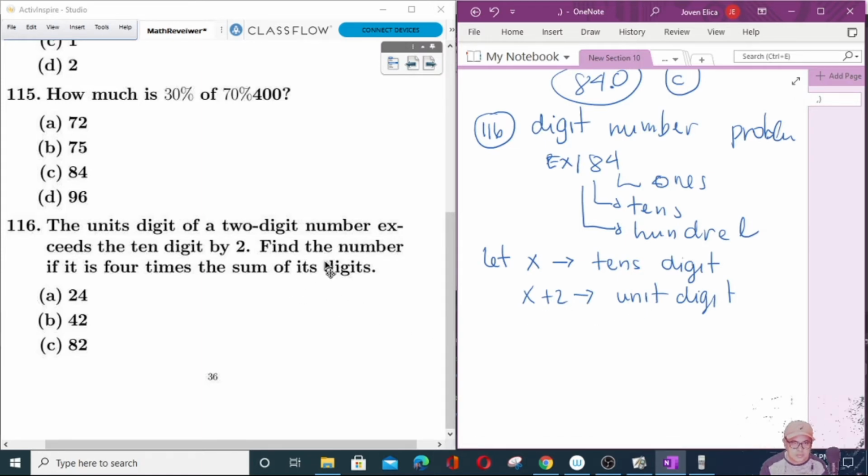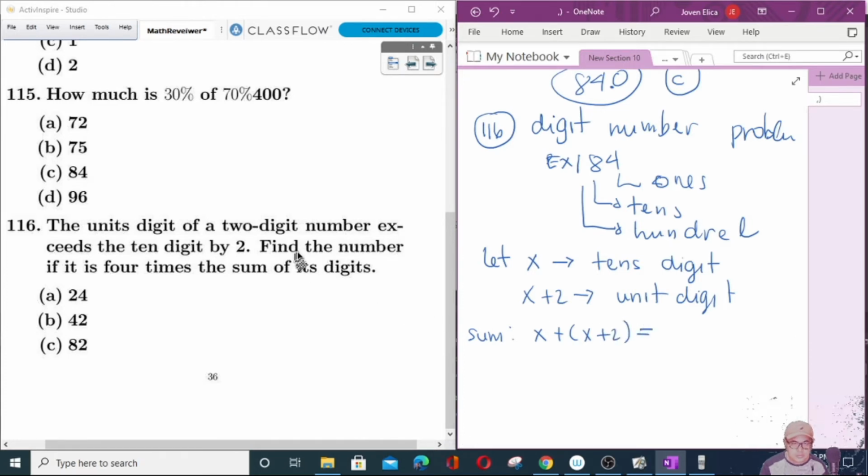Now, find the number if it is 4 times the sum of its digits. So the sum of the digits is x plus x plus 2.